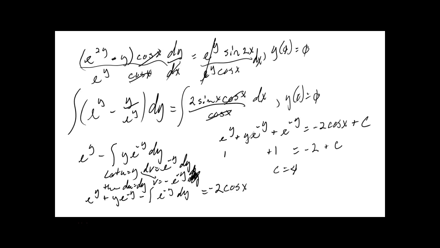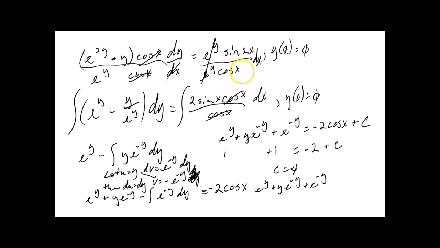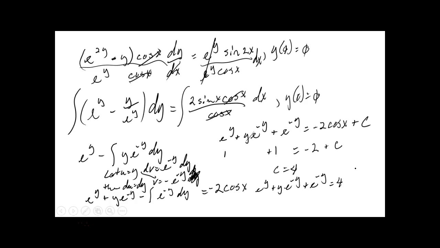Now, c is equal to 4, so to write the answer, you don't leave it like this. You say e to the y plus y e to the minus y plus e to the minus y is equal to, let's plug in the 4 minus, so aggravating, minus 2 cosine x.